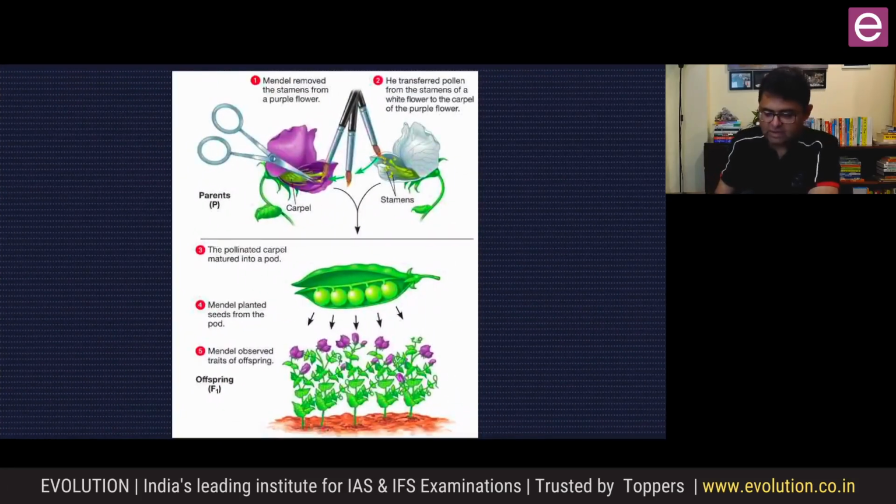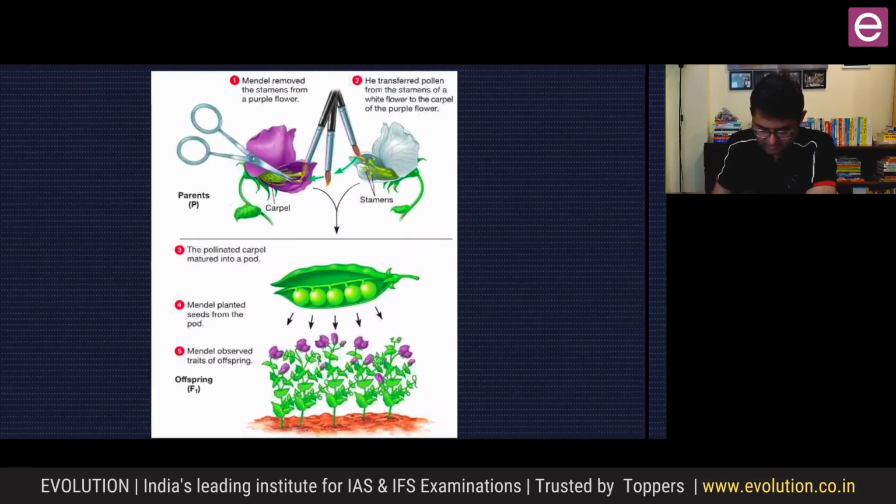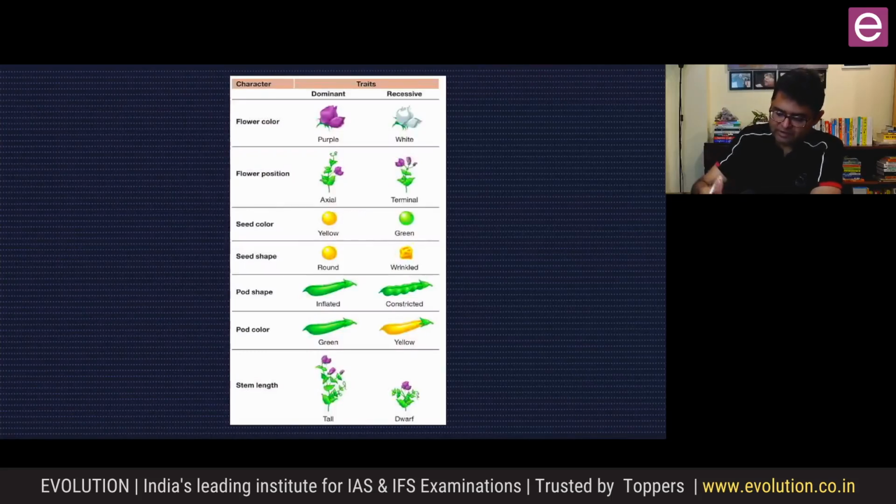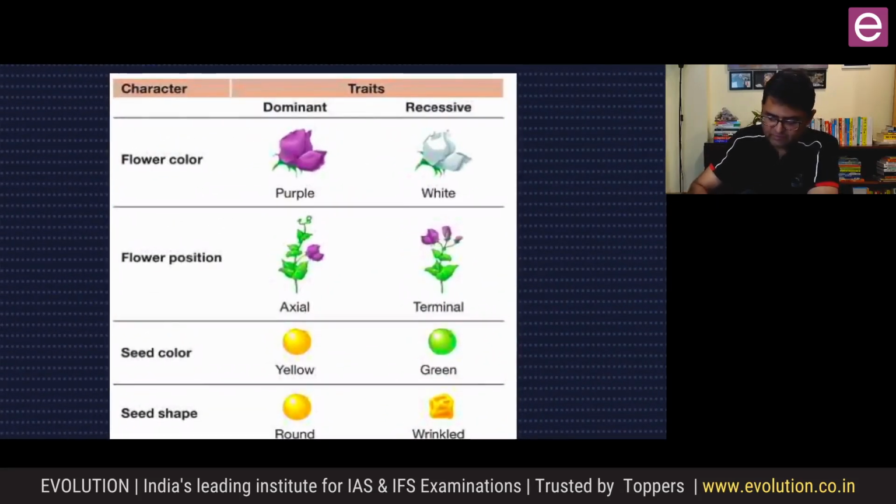Right? So this is how Mendel manipulated the flower. Now, these were the 7 characters Mendel studied. It is there in your PDF as well. The flower color: at that point of time, Mendel was not aware what was dominant and what was recessive, but of course, when he conducted the experiment, it became clear.